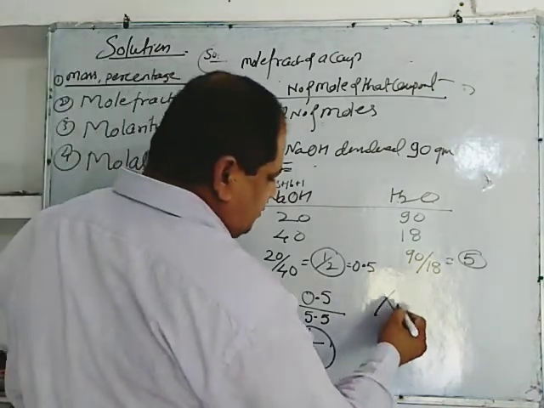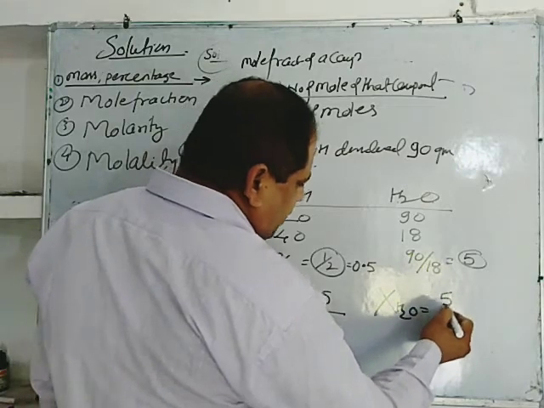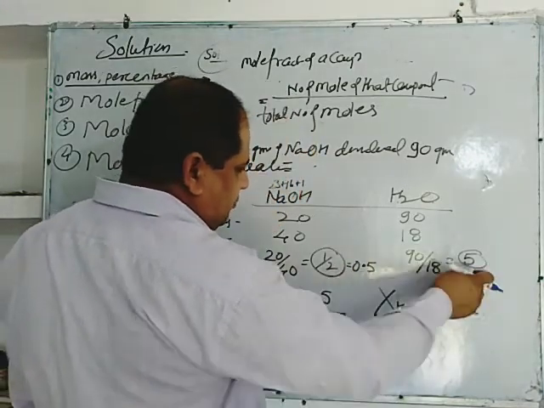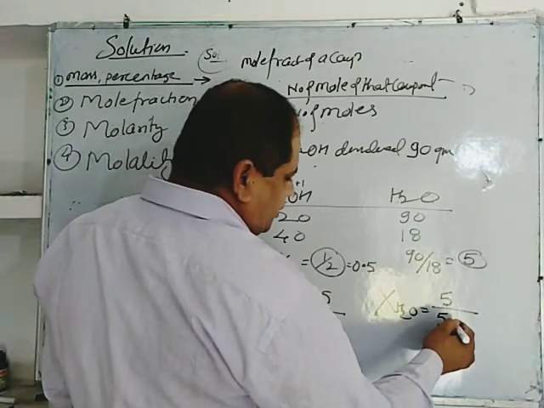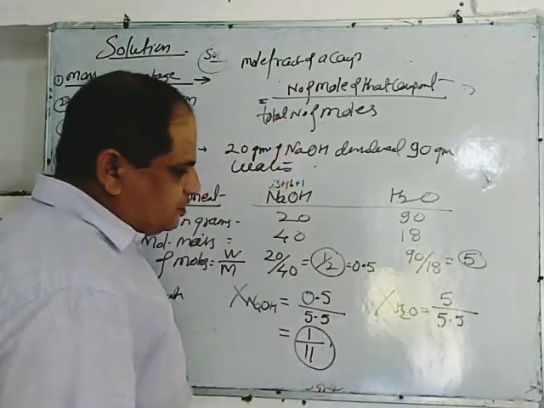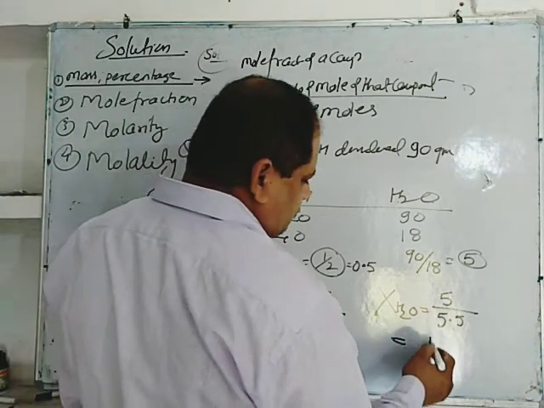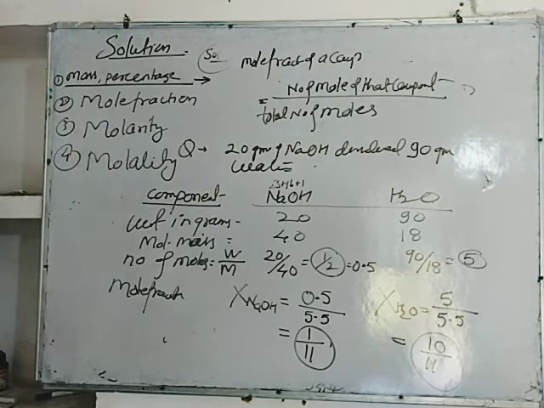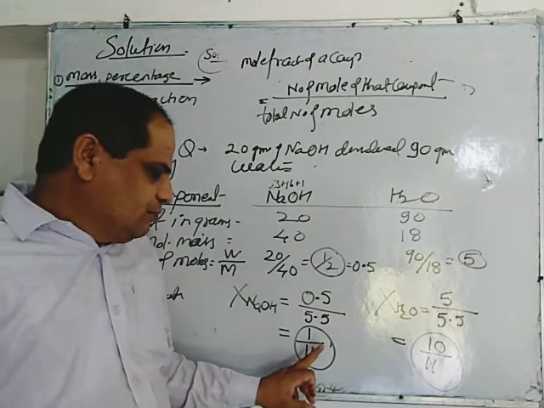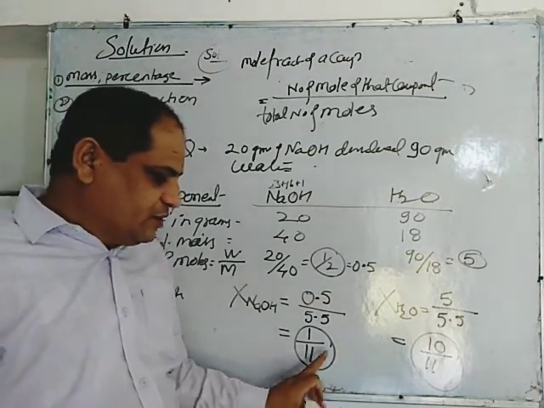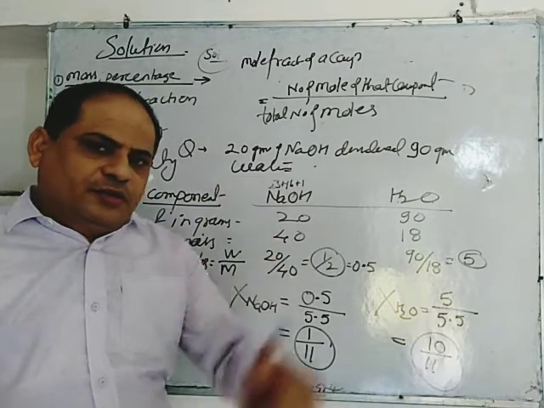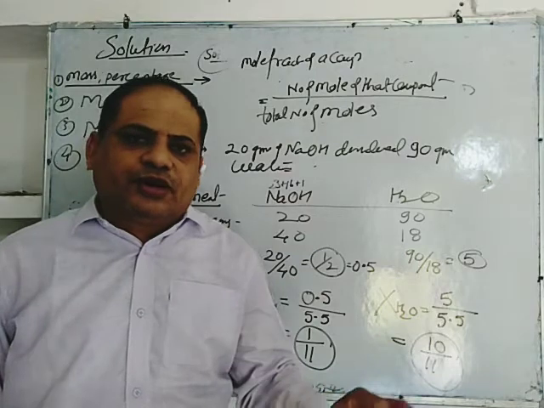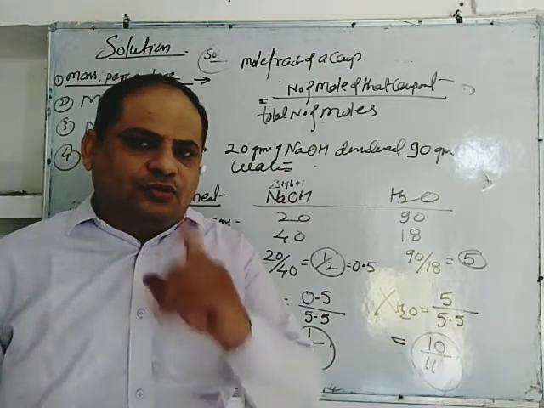And mole fraction of H2O is number of moles of water, 5, upon total number of moles, 5.5. So this is equal to 10 upon 11. This is the mole fraction of NaOH, and this is the mole fraction of water. Remember that the total of the mole fractions of all the components present is always equal to 1.